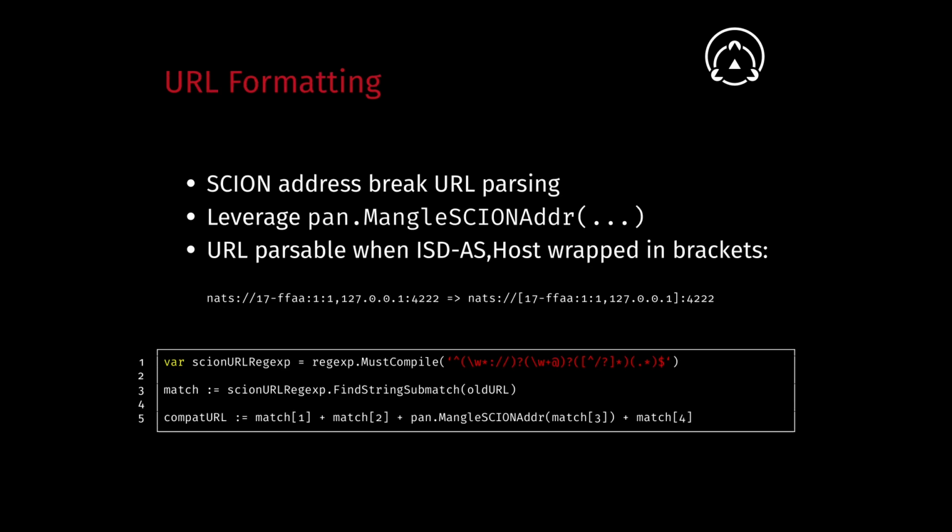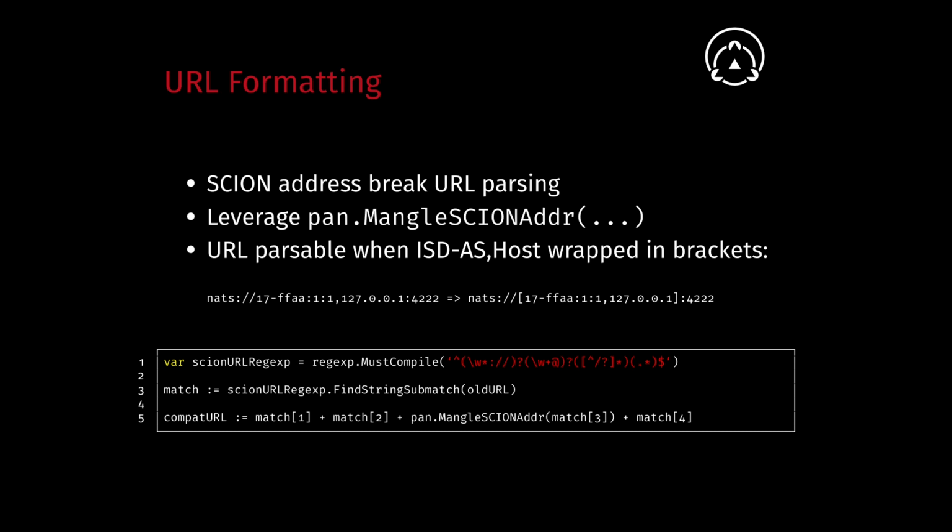And just a quick comment here on URL formatting. I ran into this all throughout the port of NATS, since various URLs are used across NATS configuration. I have a little example snippet here.